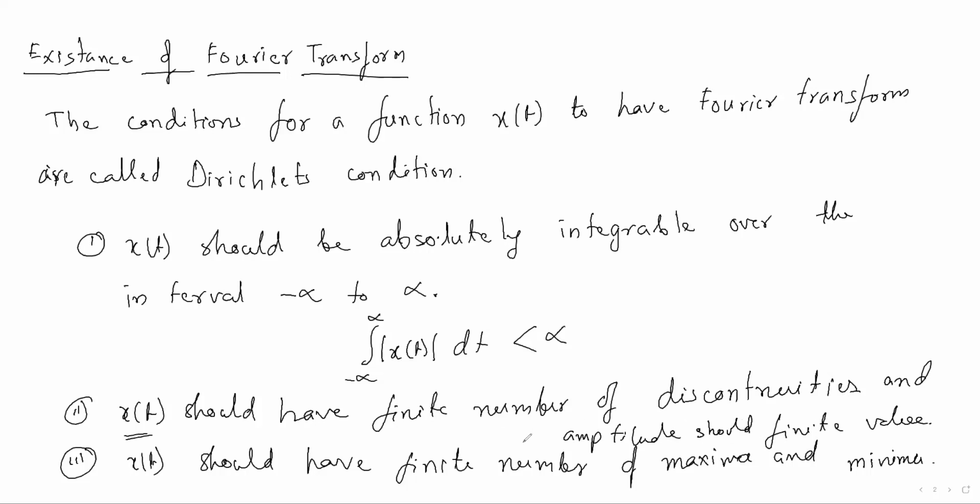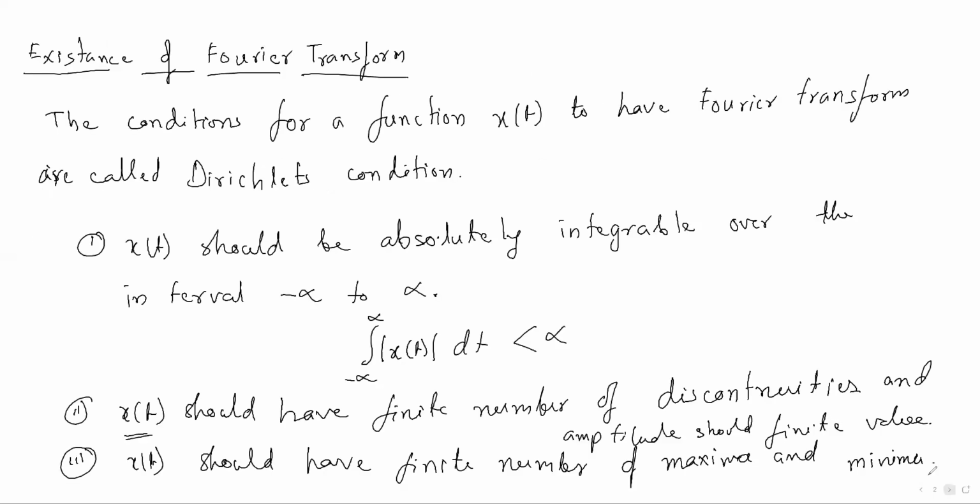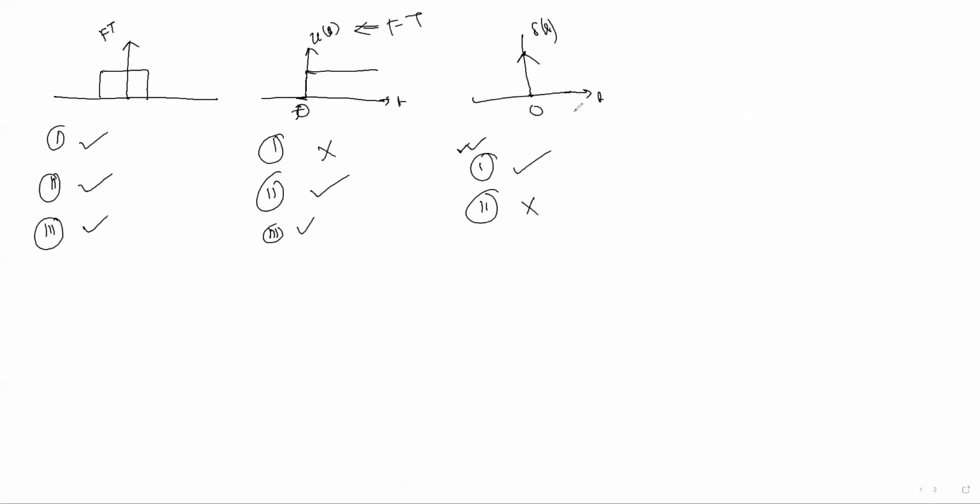The discontinuity that we have, the amplitude should be finite. But in the case of an impulse, the amplitude would be infinity. That's why the second condition is not satisfied. But since one condition is satisfied, we still have a Fourier transform for the delta function. Is it clear?